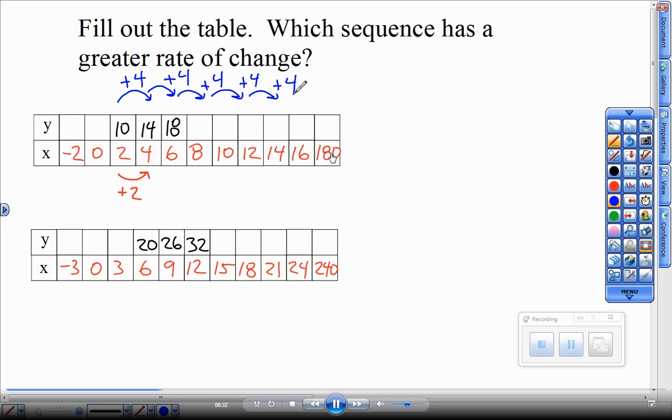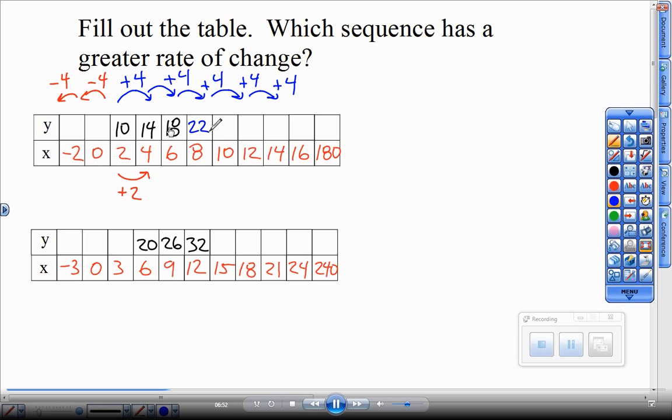Be careful. Going to the left is subtracting 4. It's the pattern of these top numbers going up by 4. To the left, down by 4. So fill in those numbers by following the pattern of what those y numbers in the sequence are doing.